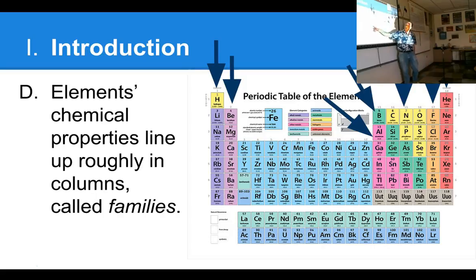These are the alkali metals. These are the alkali earth metals. These are the noble gases and the halides and things like that. You'll learn some of these names as we go. But all of that is to say that elements in a column generally behave like other elements of that column. The chemical properties line up.